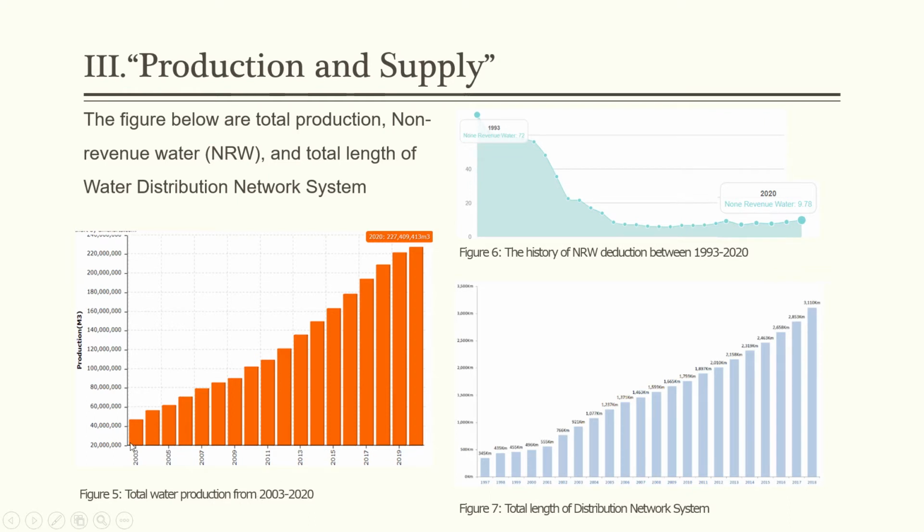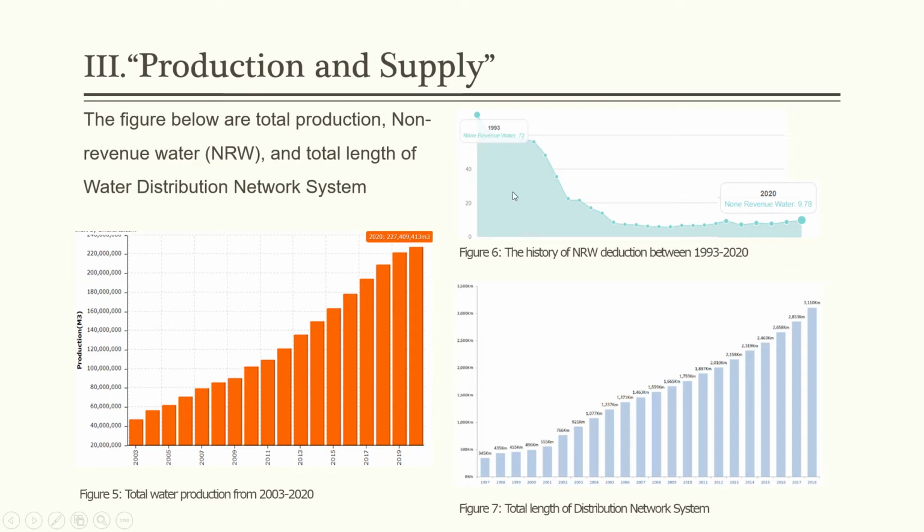They had a small capacity in 2003, almost 45 million cubic meters per year. But year by year the water supply capacity increased until 2020 to almost 227 million cubic meters per year.